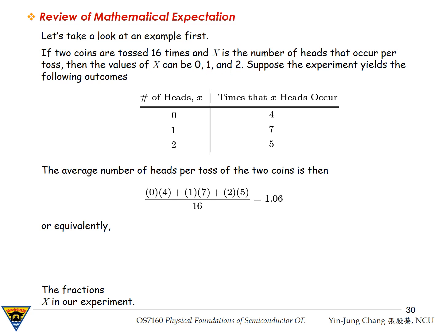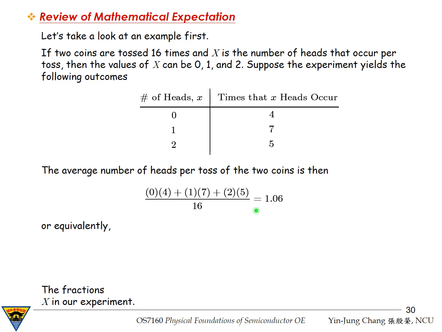Now suppose the outcomes of the experiment are as follows. So we have 0 heads occurring 4 times, 1 head occurring 7 times, and 2 heads occurring 5 times. Then the average number of heads per toss is calculated by weighting each value of x by the number of times it occurs, and then dividing by the total number of trials.